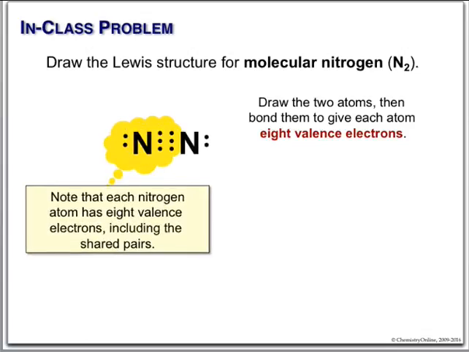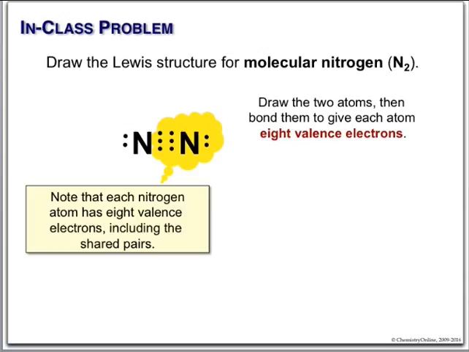This is our structure, and if you count it up, we have 6 shared electrons. So this nitrogen has 8 electrons. This one has 8 electrons. They both satisfy the octet rule. Now, what do we call this?